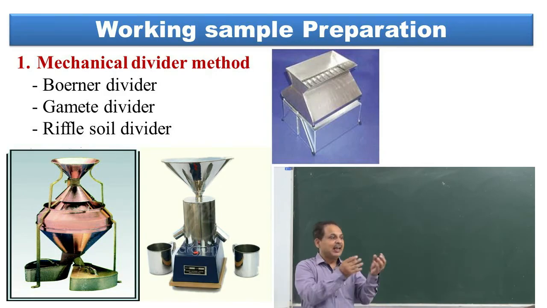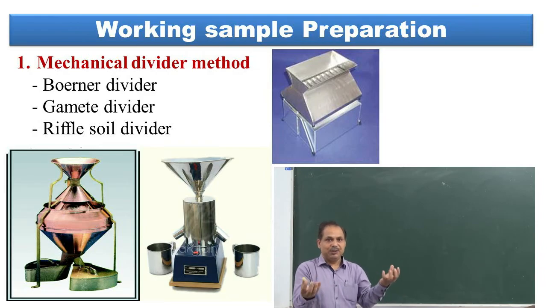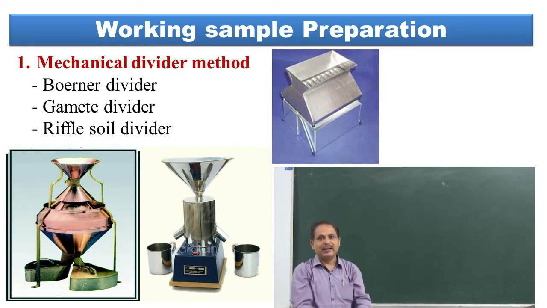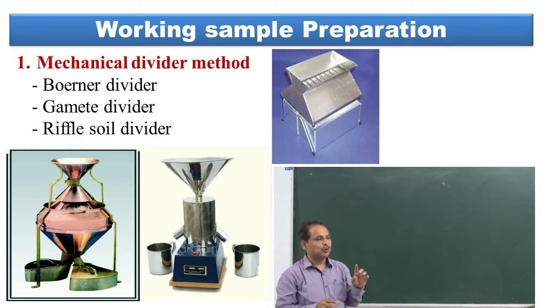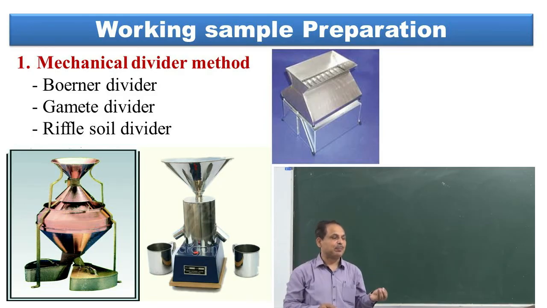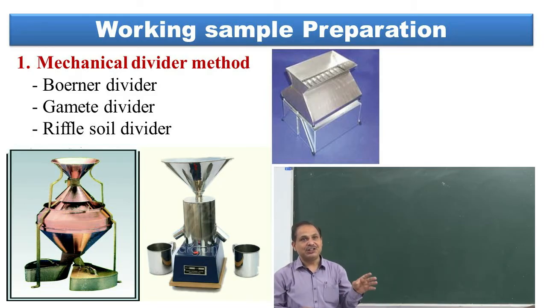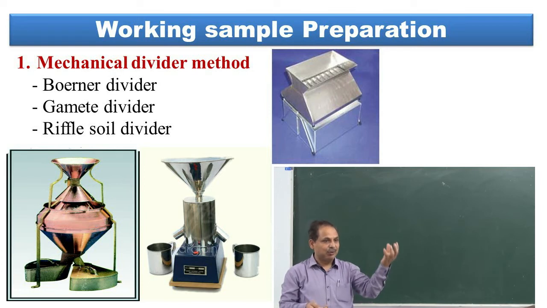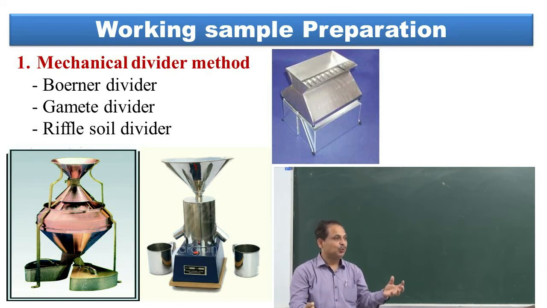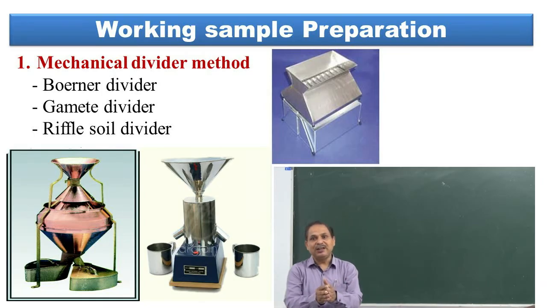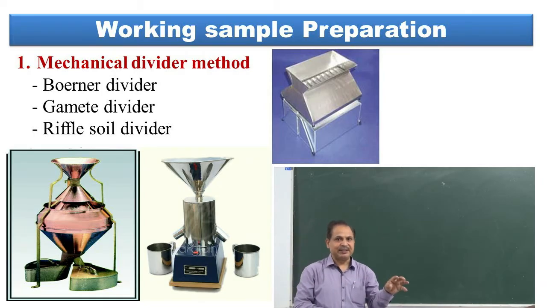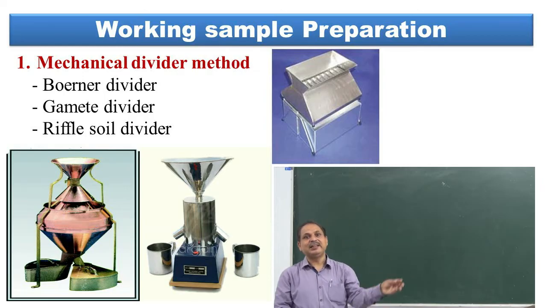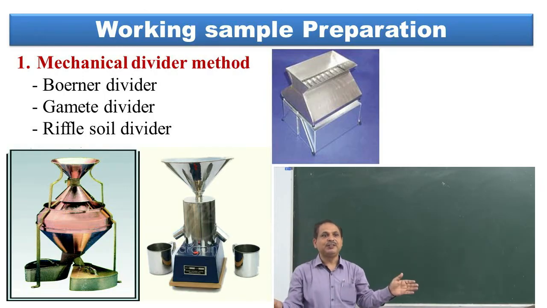When we get the seed samples in these two slots, again they are poured for homogenization. After proper homogenization, when we get the seeds in two different pots, one is removed and the other is taken. Again, this is poured and divided into equal parts.